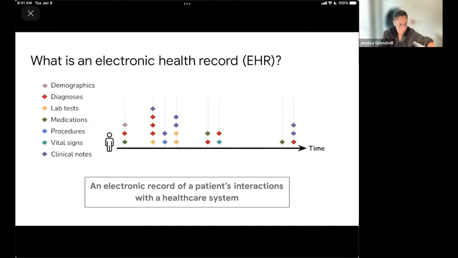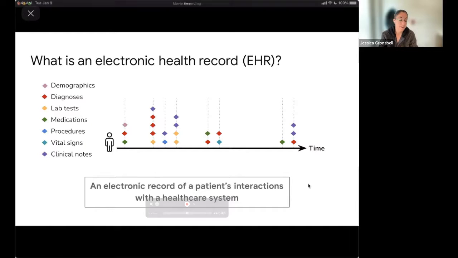You've probably heard a bit about them from the different speakers, but just to remind you, an electronic health record is exactly what it sounds like. It's an electronic record of a patient's interactions with a healthcare system. As you or I go to the doctor, different information is recorded about us, things like demographics, how old we are, what is our race, as well as diagnostic procedures, labs, and meds that are given to us when we see a healthcare provider.